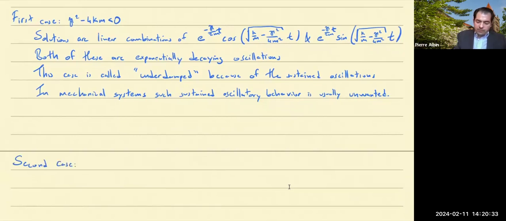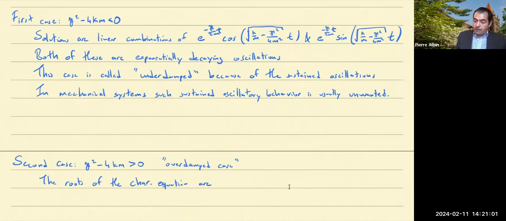Okay. So second case, what if gamma squared minus 4km is positive, right? So this is what's known as the overdamped case. So here the roots of the characteristic equation are these two real numbers, gamma squared minus 4km root, right?